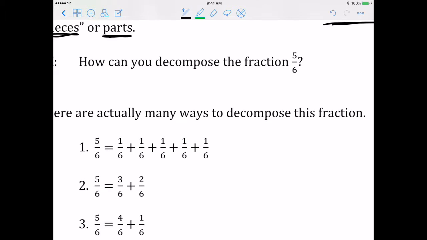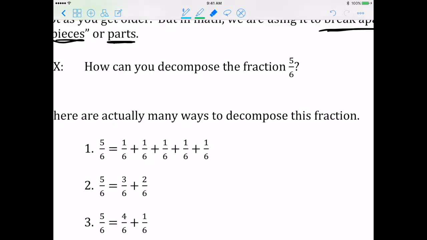So you noticed I did 1, 2, 3, 4, 5 1/6 and added those ones together to make 5/6. I could also do, for number 2, 5/6 equals 3/6 plus 2/6 because 3 plus 2 equals 5.